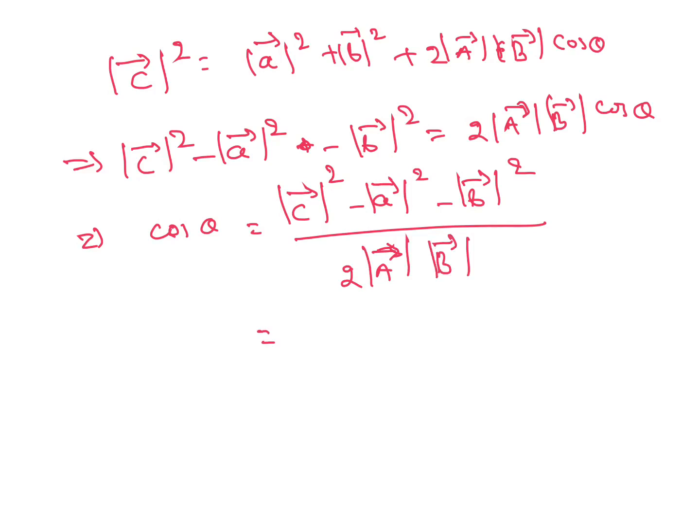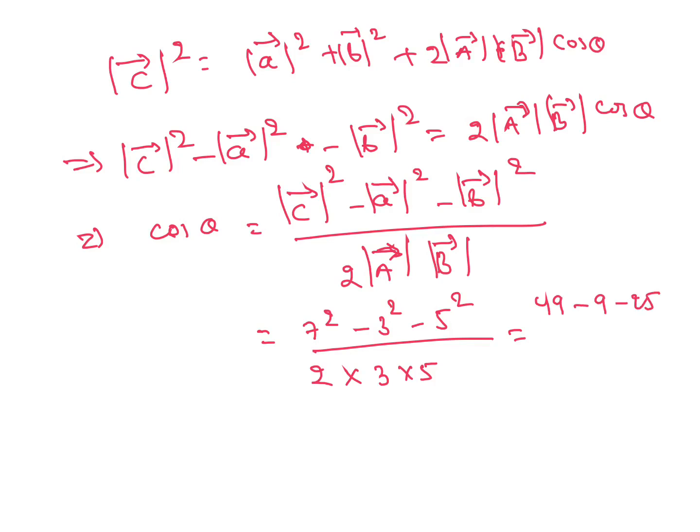Put the values: 7 square minus 3 square minus 5 square, so 2 into 3 into 5. 49 minus 9 minus 25 divided by 30. So it's 40 minus 25, it's 15 by 30.